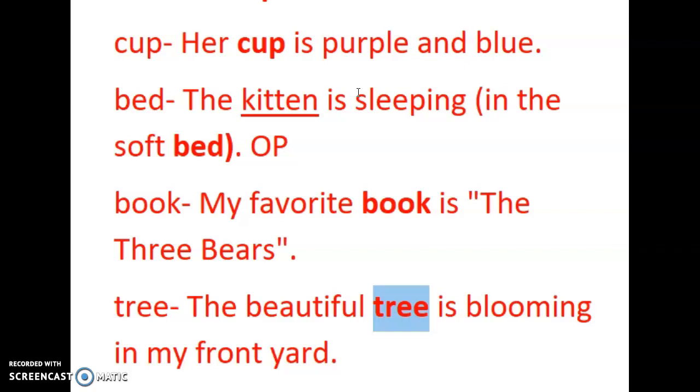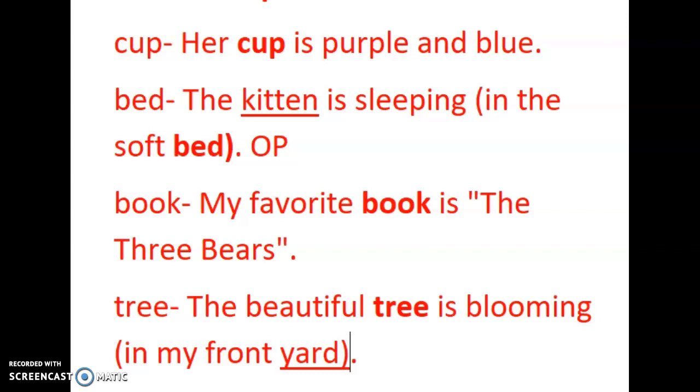And we know that tree is our subject noun in this sentence. We do have another noun. Can you find the other noun in my sentence? The other noun I have here is yard. And we know that yard is the object of the preposition. In my front yard is the prepositional phrase. So yard would be our OP, object of the preposition, if we're classifying.